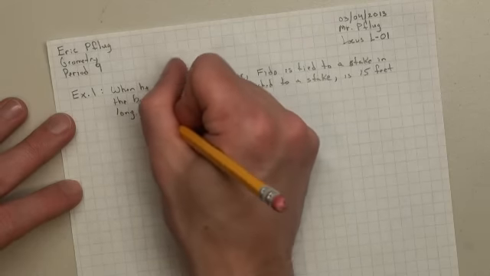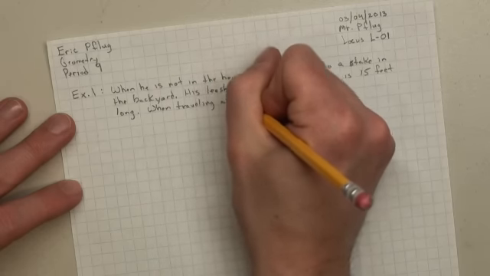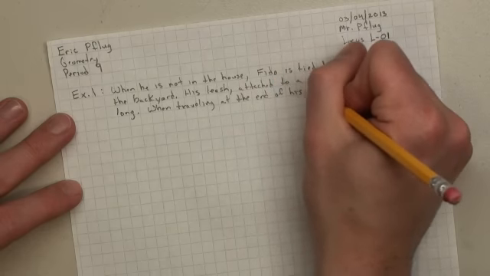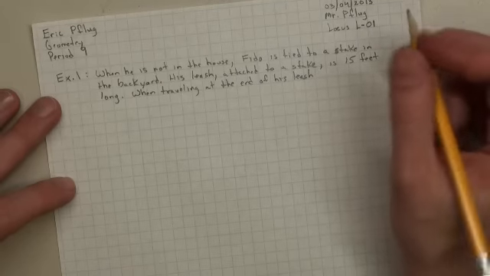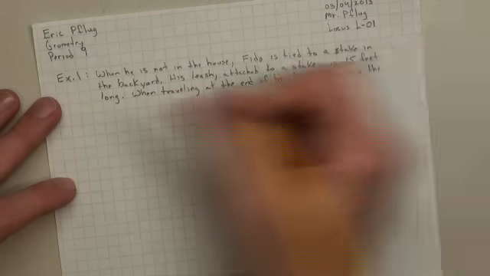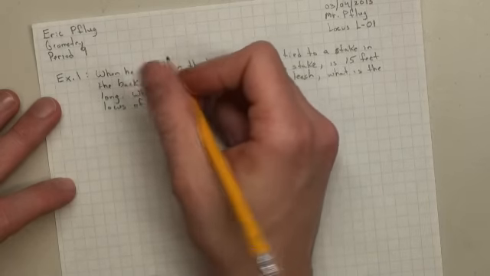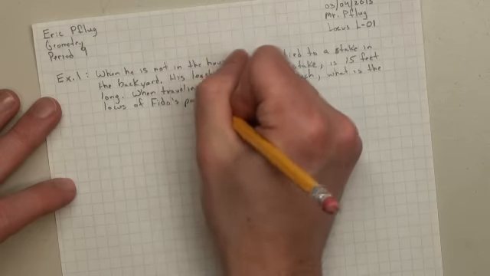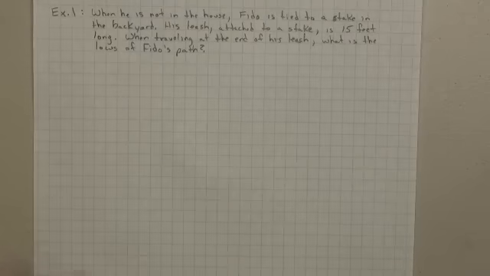When traveling at the end of his leash, what is the locus of Fido's path? Okay, that's our question. So let's solve it.